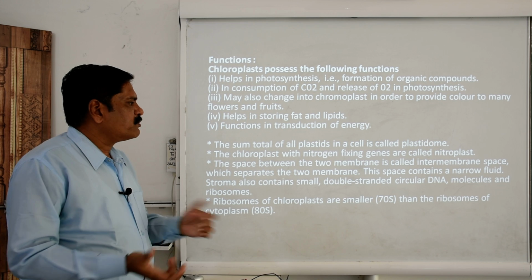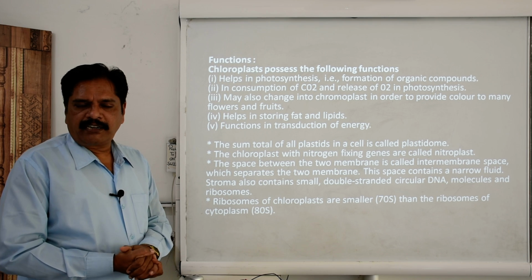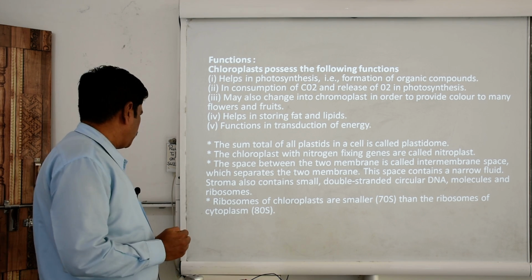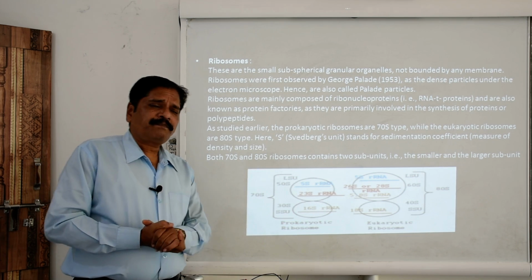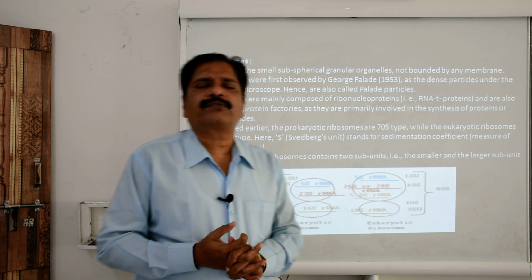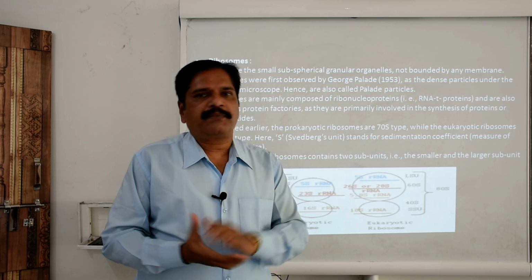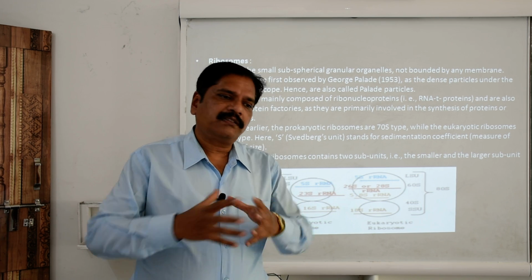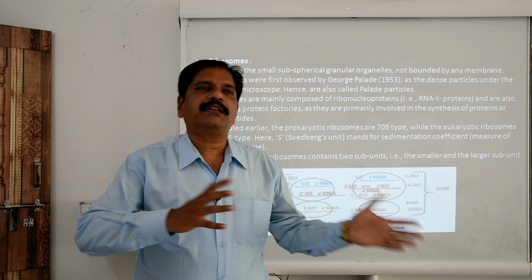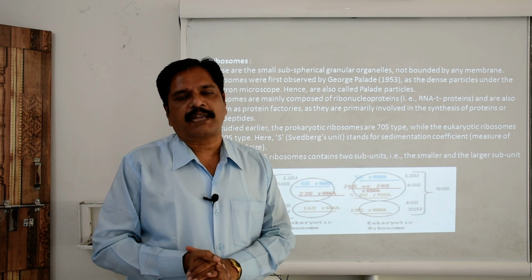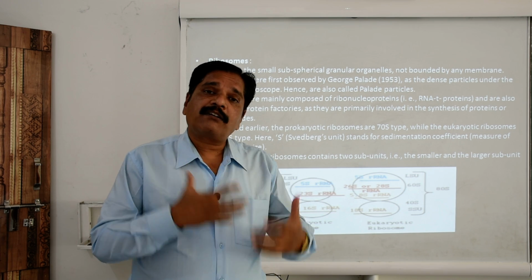Ribosomes are present here, which are of 70S and 80S units. And this chloroplast is also considered a self-replicative unit. After the division, even if the numbers are uneven in the two plant cells, it recovers the number.